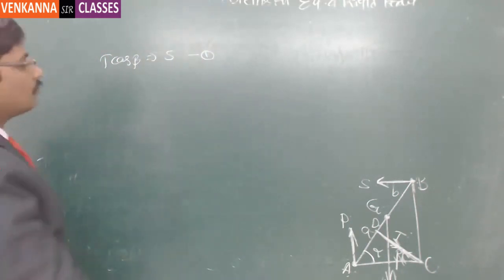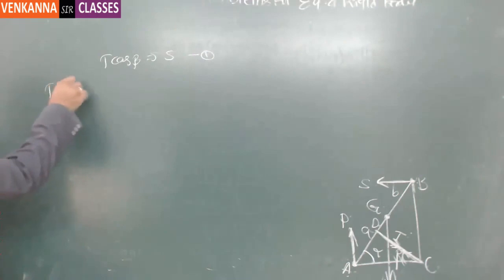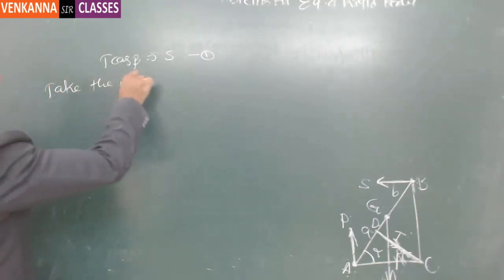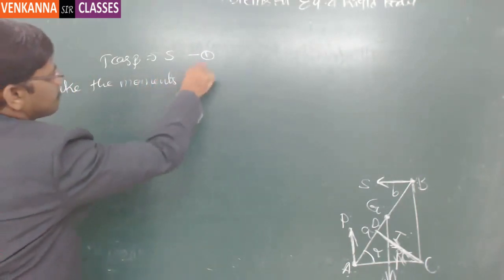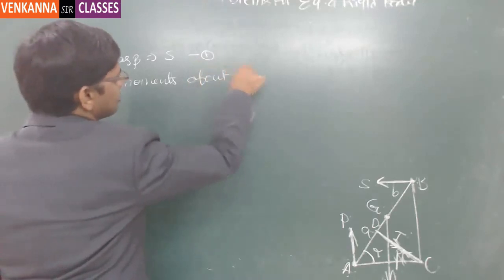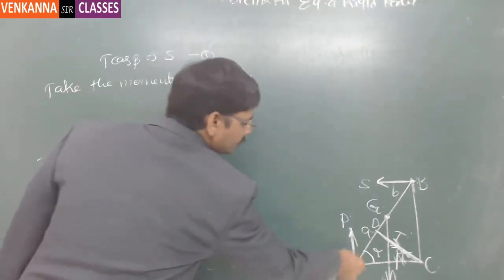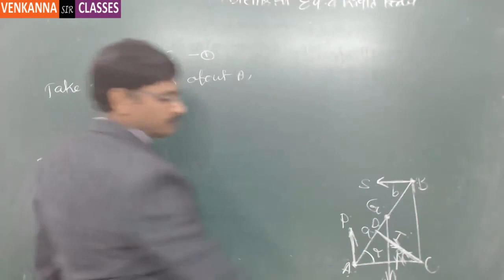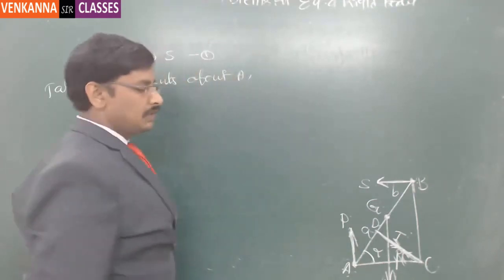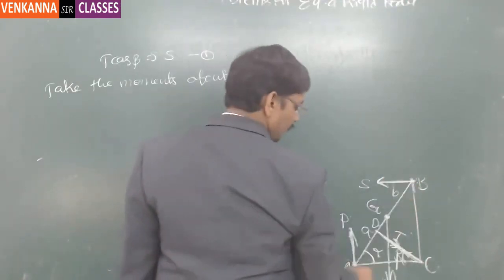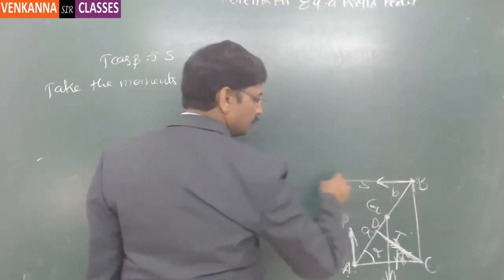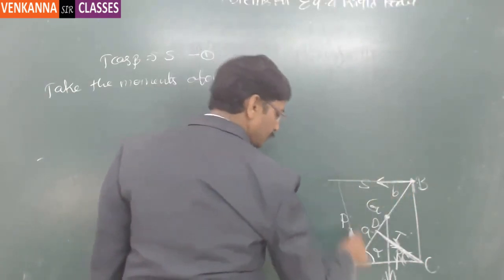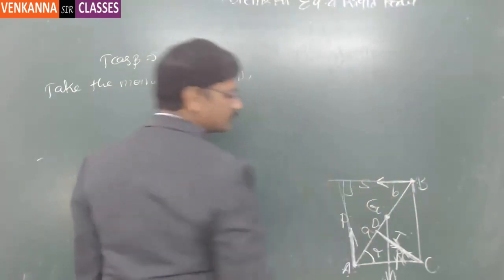And if you take the moments about A, this force will not have any moment because it is passing through the point we considered. The other force is this force, and this is the perpendicular distance, so this is 90 degrees.